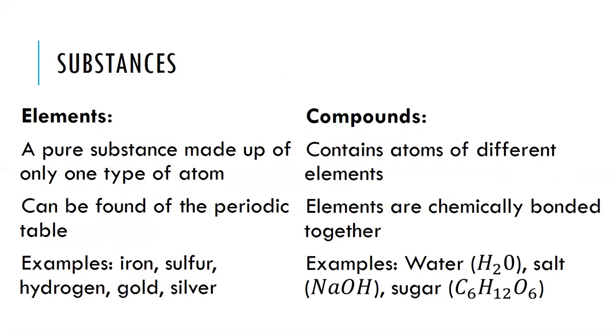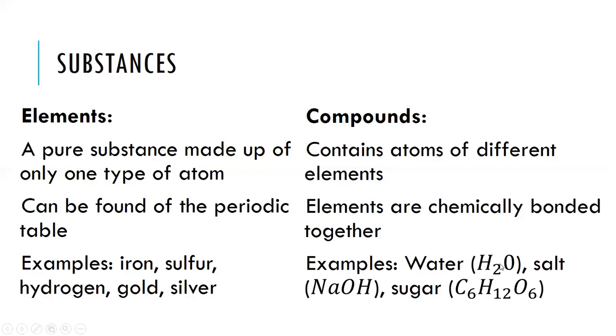A compound, on the other hand, contains atoms of different elements. Elements are chemically bonded together, and typically you can tell if it's a compound because it has a chemical formula. Like water, water is H2O.